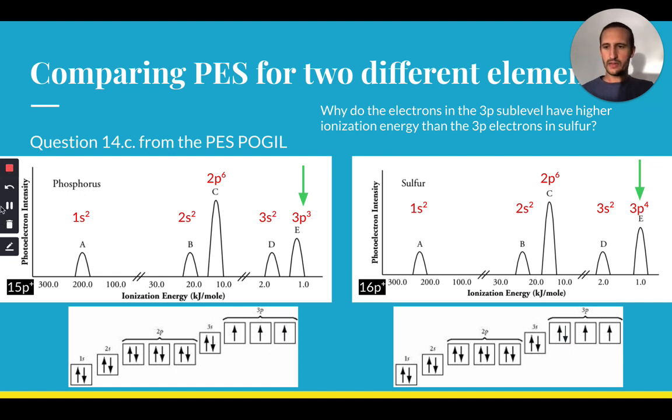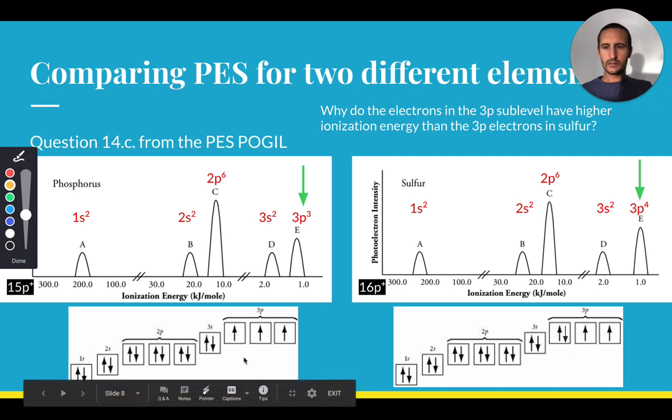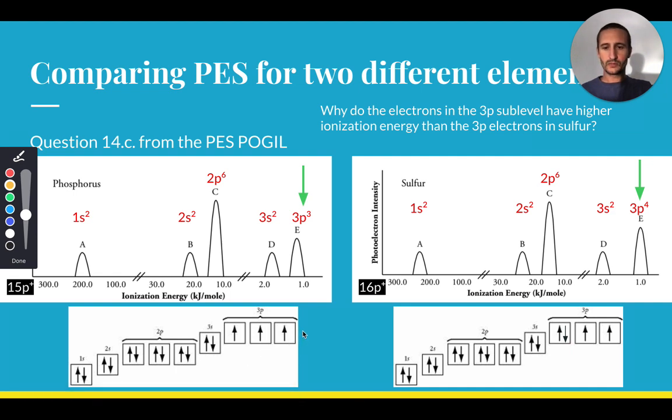And so if I look at the orbital diagrams for phosphorus and sulfur, phosphorus's 3p electrons are all unpaired. Whereas in sulfur's 3p, there is a set of paired electrons. And that means those paired electrons are sharing the same atomic orbital, which means that in this atomic orbital, those electrons repel each other just a little bit.